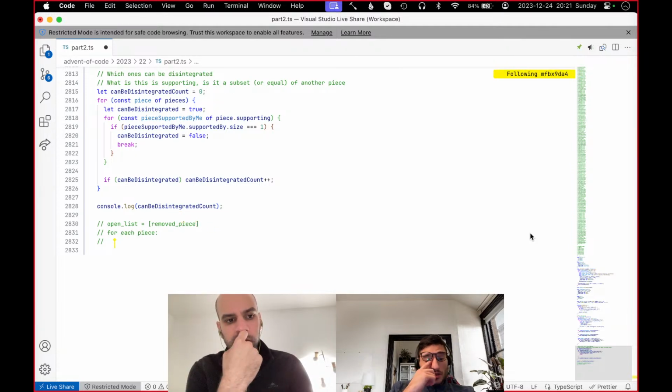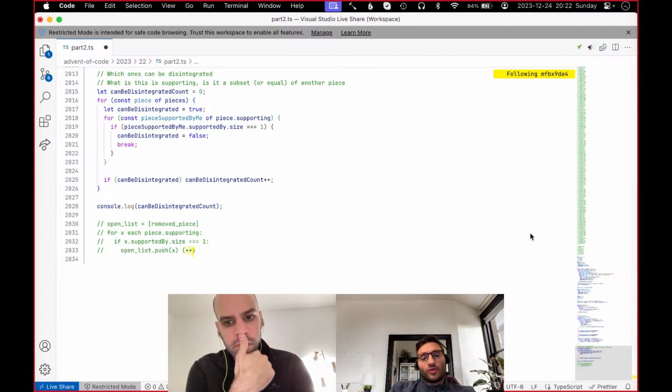And then for each piece, you're going to check for each X in dot supporting, if X's supported-by size is 1, then push it onto the open list, kind of thing, plus the number of pieces which will fall.